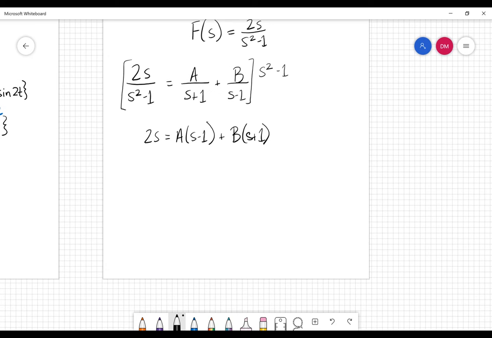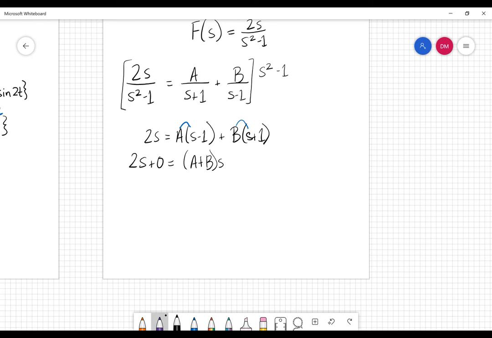Typically what we do here is say, well, this is like having 2s plus 0. On my right-hand side, I have an As and a Bs, which means I have A plus B, the quantity, times s.